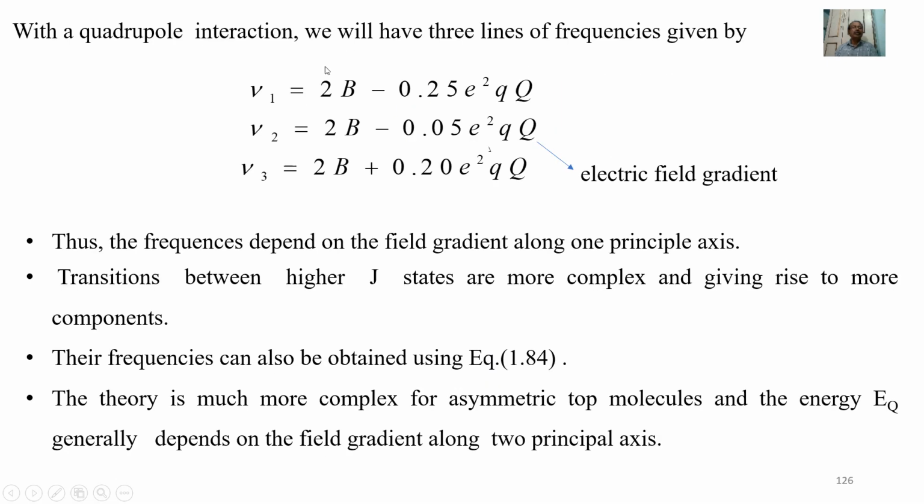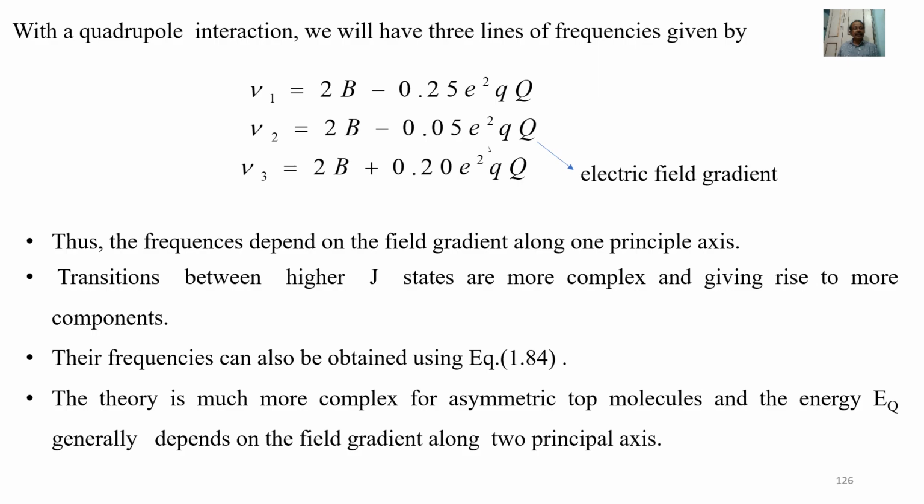With the quadrupole interaction, we'll have 3 lines of frequencies given by nu1 equals 2B minus 0.25 e squared Q q, nu2 equals 2B minus 0.05 e squared Q q, and nu3 equals 2B plus 0.2 e squared Q q. Here e squared Q q is related to the electric field gradient. Thus the frequencies depend on the field gradient along one principal axis.